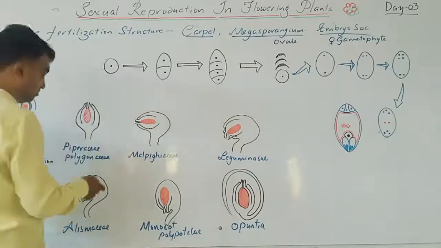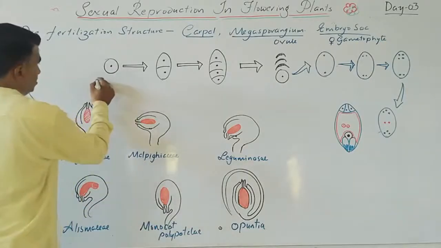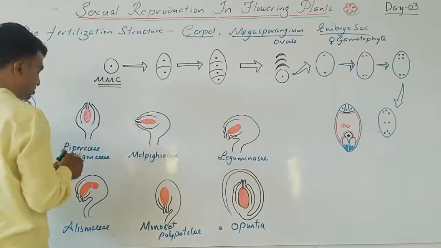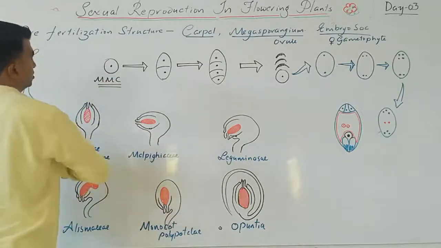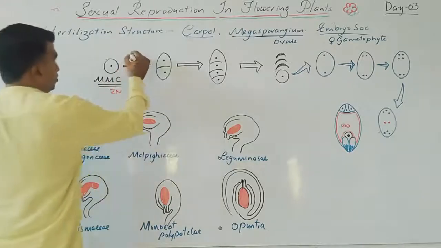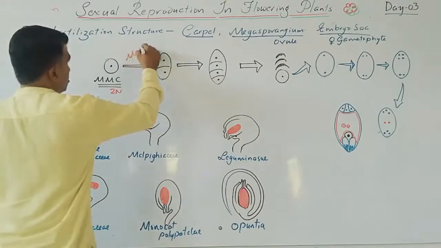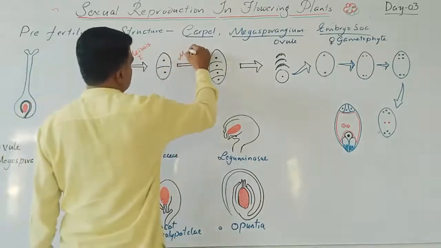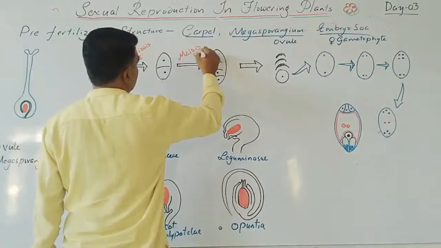So this is a megaspore mother cell. It is also diploid, which is 2n in nature. This undergoes meiosis 1 and meiosis 2.